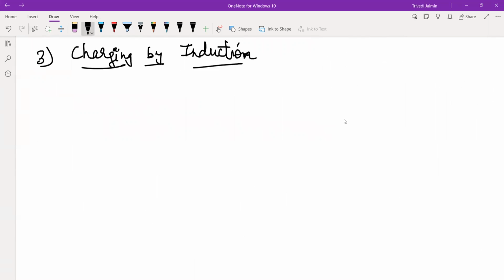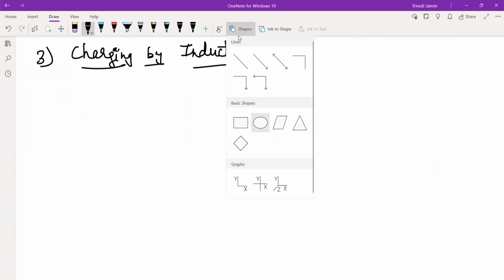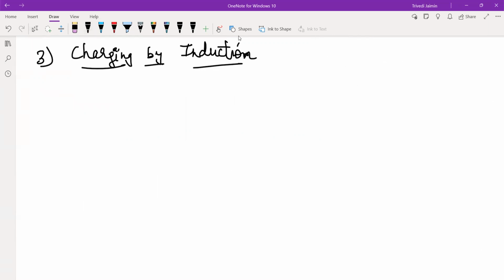Now suppose, let me draw a standard example. I think this will be there in your textbook too.